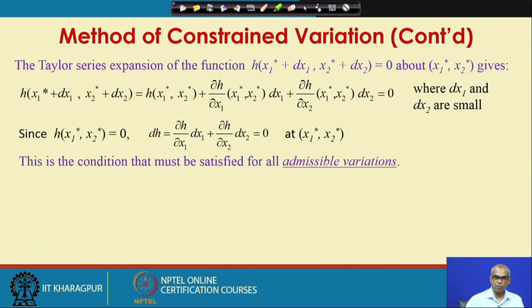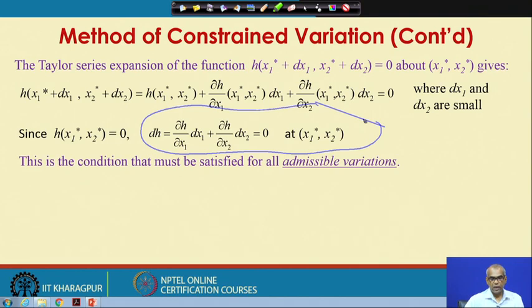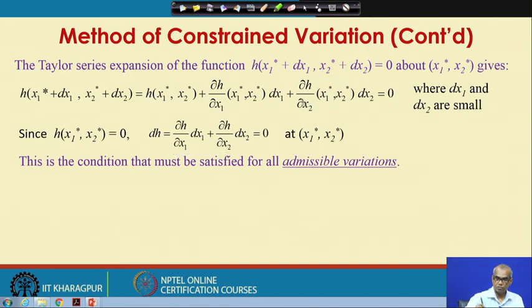So the condition is written as del h del x1 dx1 plus del h del x2 dx2 equal to 0 at x1 star, x2 star. This is the condition that must be satisfied for all admissible variations.